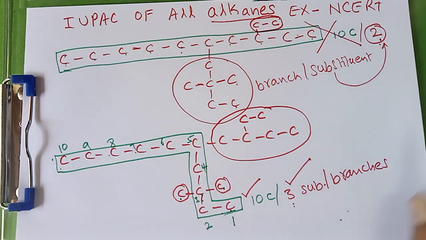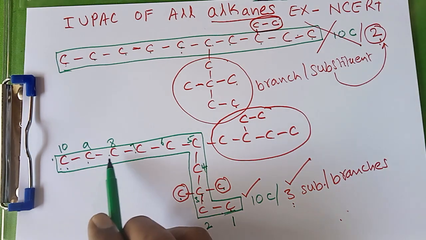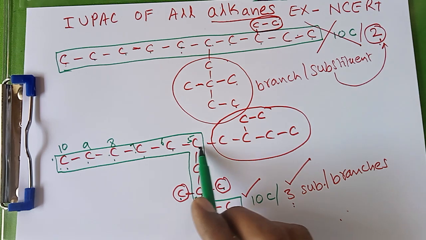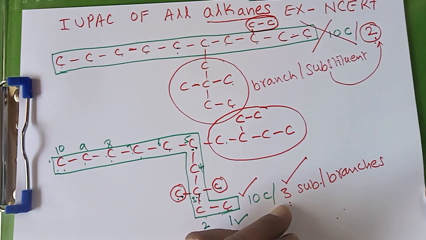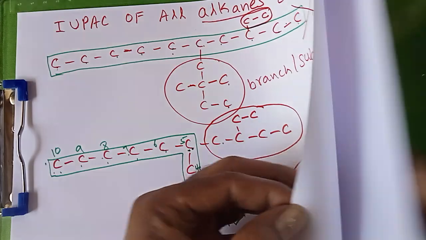If you give the numbering from this side, 1, 2, 3, 4, 5, 6, the first substituent is at the 6th carbon. But here, 1, 2, third carbon. So according to the lowest locant rule, this numbering is right. Now we go to the IUPAC name.